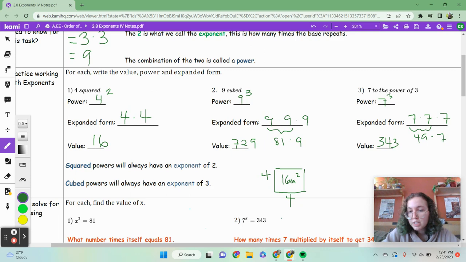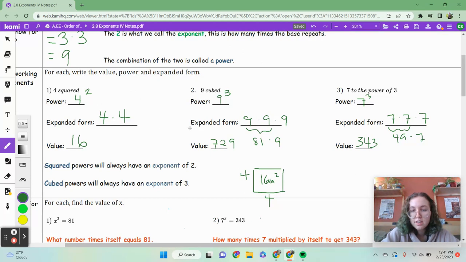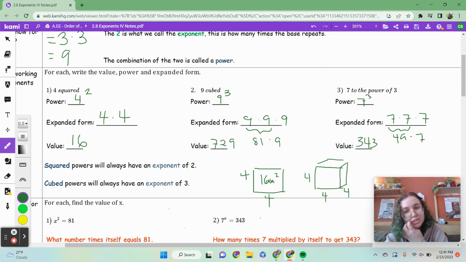If I have cubed, that gives me the volume of a cube. This is not things that you need to know. I'm just telling you where these terms come from. If I have a cube with side lengths of 4, 4 and 4, because a cube is a rectangular prism with the same side lengths, that would give me 16, because I have 4 times 4 to find the volume, times another 4.